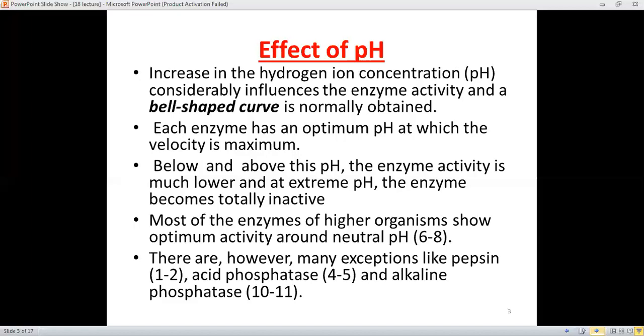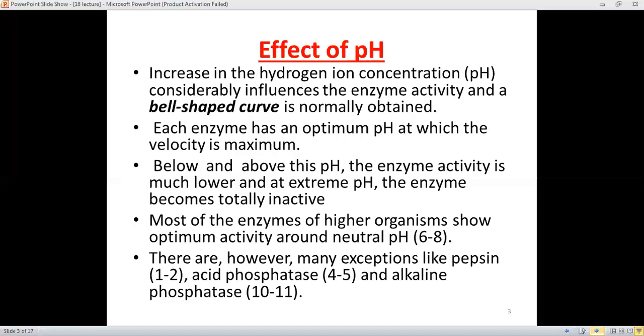pH or by rising the pH beyond the optimum value, there is no increase in the enzyme velocity but a decline takes place, and therefore below and above this optimum pH, the enzyme velocity or enzyme activity is much lower, and at extreme pH, like very high or very low, the enzyme becomes totally inactive.